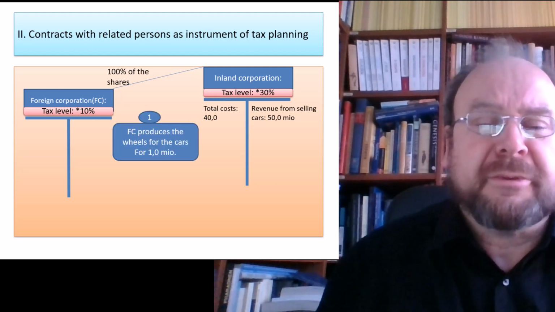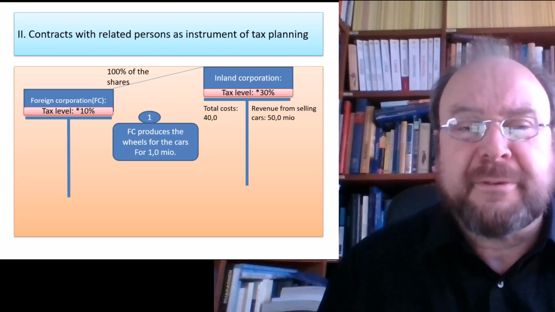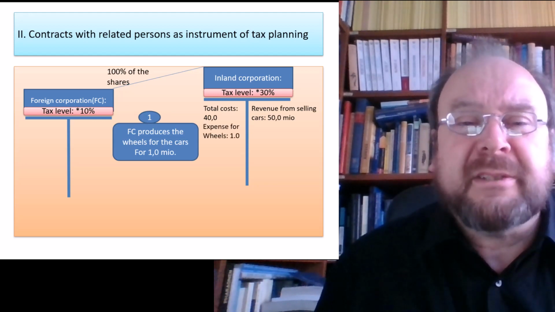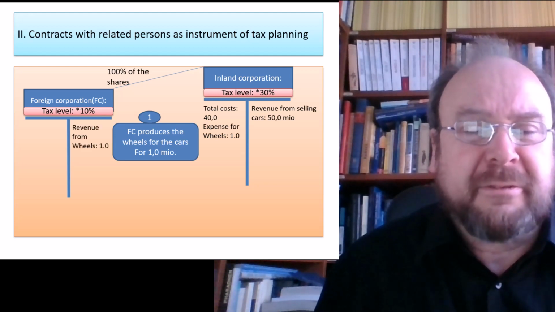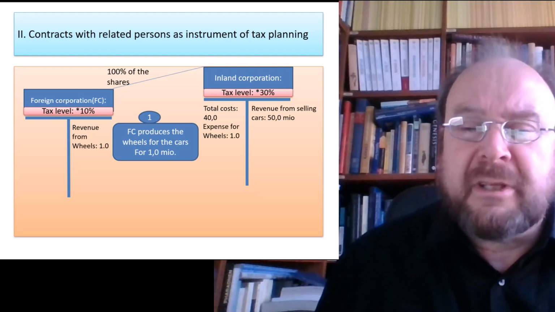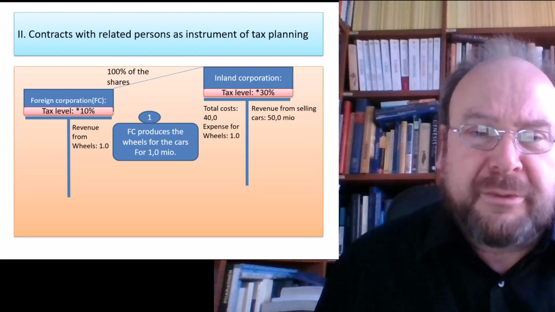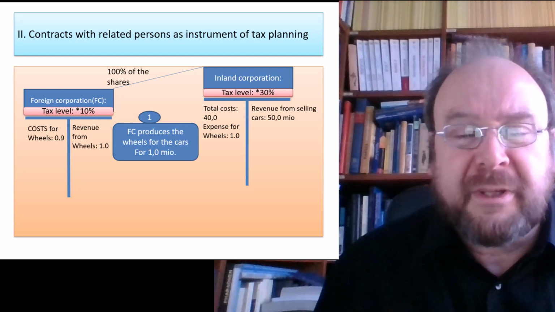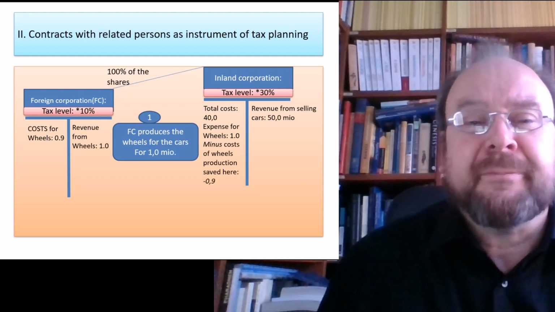The foreign corporation now produces the wheels for the cars for 1 million. So you pay for the wheels now 1 million. They have a revenue of 1 million. And naturally, as you no longer produce the wheels, the costs for the wheels are now borne by the foreign corporation. So you have less costs.